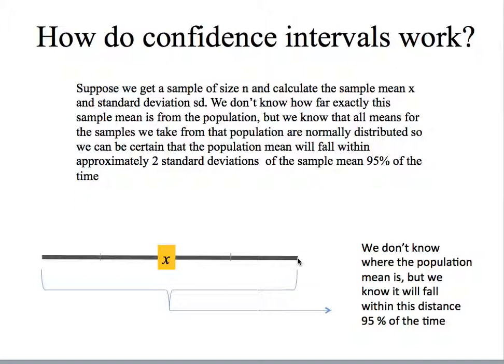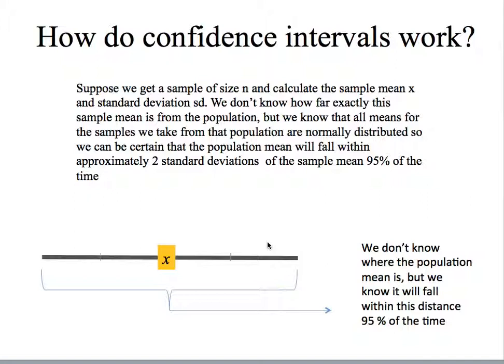And because of the central limit theorem, we will know that 95% of the time, or 99% of the time, however we construct this interval, the population parameter will fall in that confidence interval.